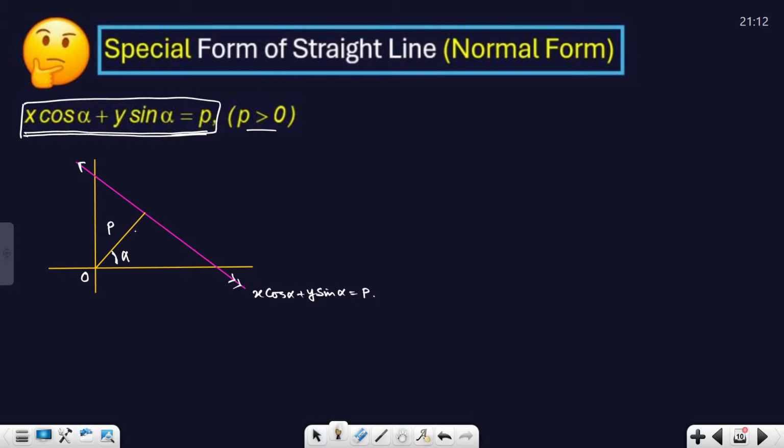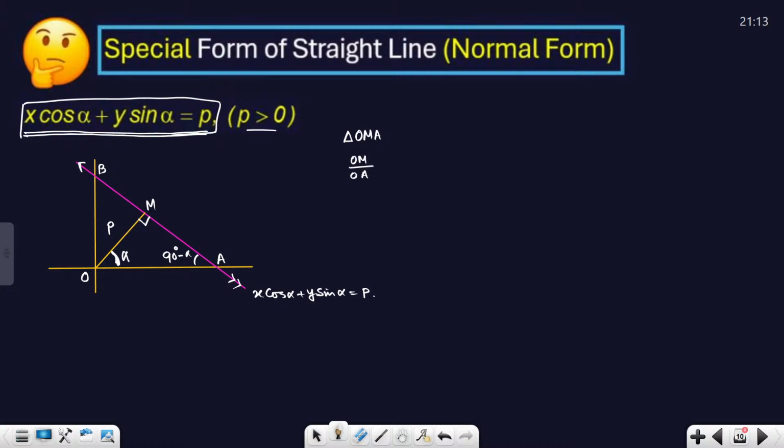See, this angle is alpha, this angle is 90 degrees. So this angle will be definitely 90 minus alpha. Let me just name these points A and B. These are the intercepted points on the X and Y axis respectively. Let us say this is my OM. Now, if you see the triangle OMA, with respect to this angle alpha, I can write OM over OA.